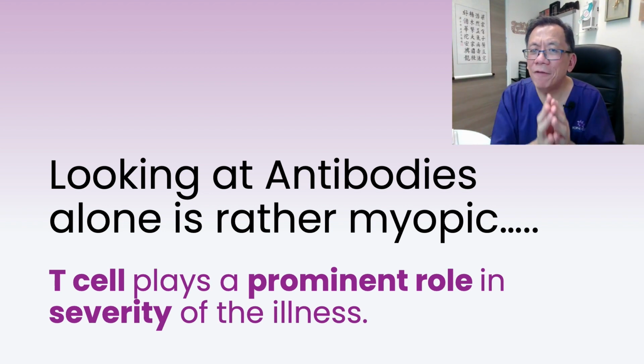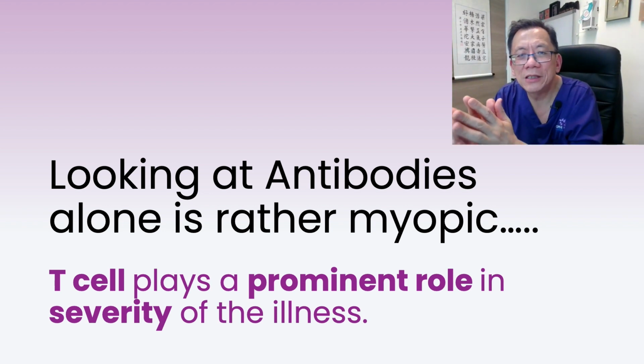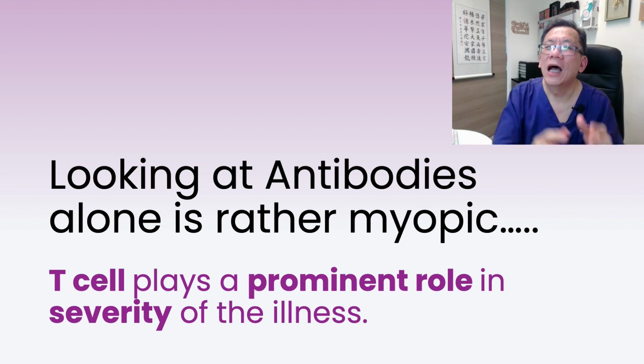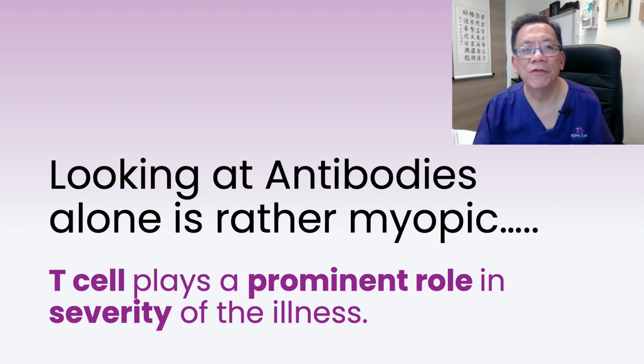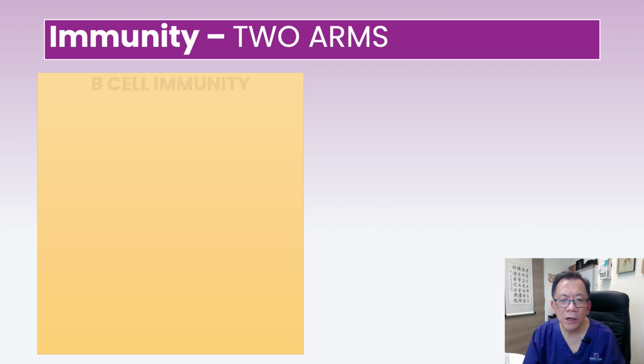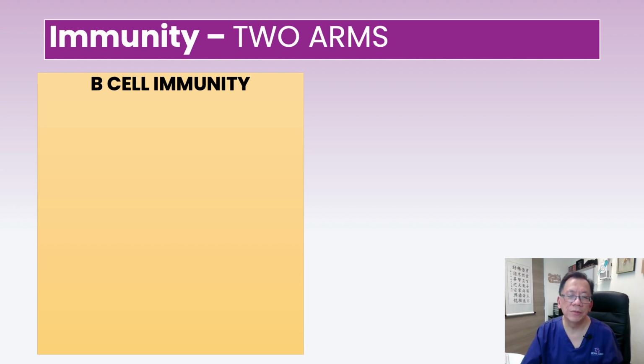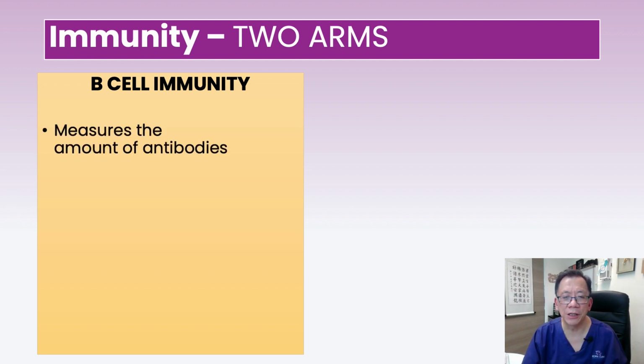So if I have good antibodies and I have good T cells, I can actually cope with COVID-19 infection very, very well. So here we have the B cell immunity. B cell represents the amount of antibodies that are formed. And I want to stress to you, 3 doses of the mRNA vaccines actually restores the immunity needed.